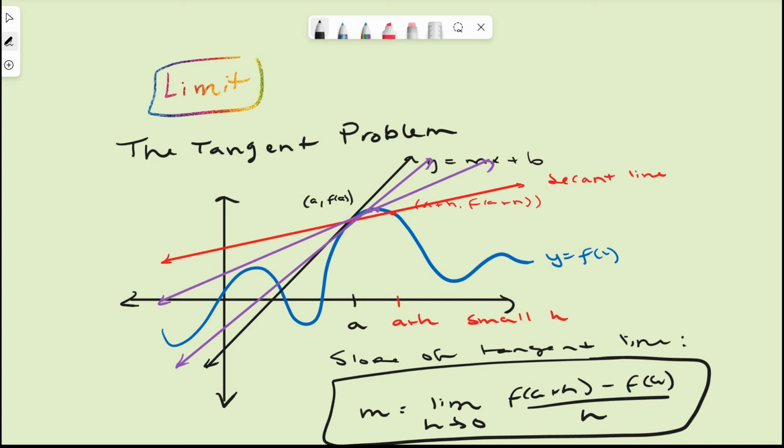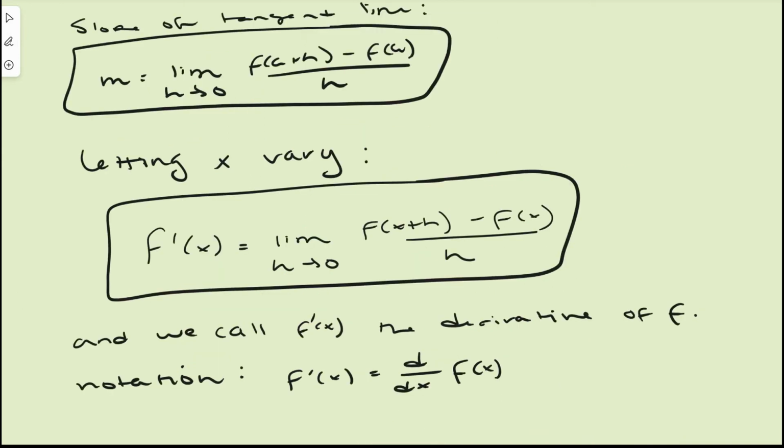As long as it's defined, that limit will be a function of x in its own right. Letting x vary, we define f prime of x to be the limit as h goes to 0 of f of x plus h minus f of x over h. We call f prime the derivative of f. We use the notation f prime of x is equal to d dx of f of x.